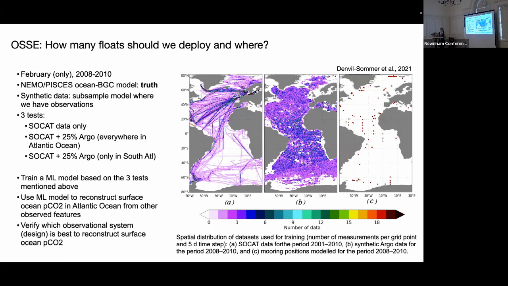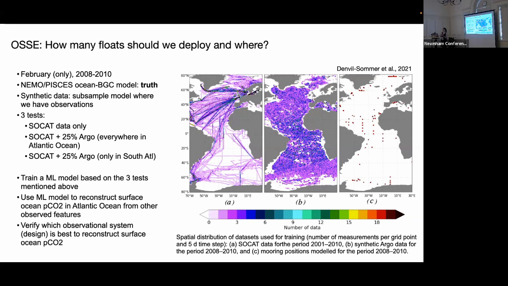So the steps will be, okay, we have these 3 designs. Then we train a model to reconstruct the pCO2 concentrations from these 3 designs, which basically looks at the correlations between pCO2 and other properties, our predictors or features, such as physical or biochemical properties that affect pCO2, like temperature, salinity, the mixed layer depth, chlorophyll, and so on.